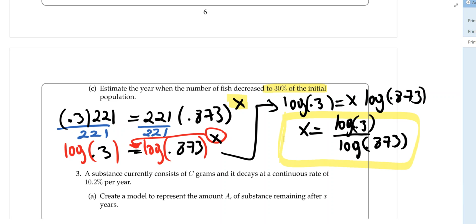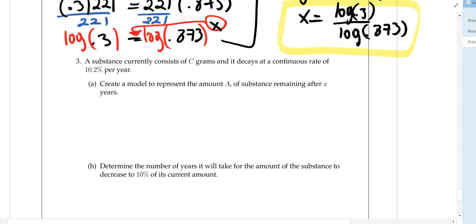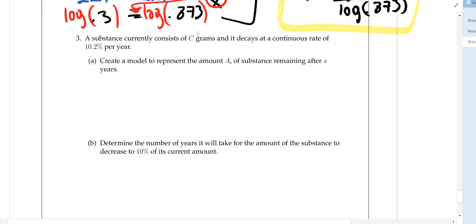All right, I lied, we do have one more example. The last example is when we start with C grams, so they don't tell us what we start with, but it says that whatever this substance starts with, it decays at a continuous rate of 10.2% per year. The first one is to create a model that represents the amount A after X years.